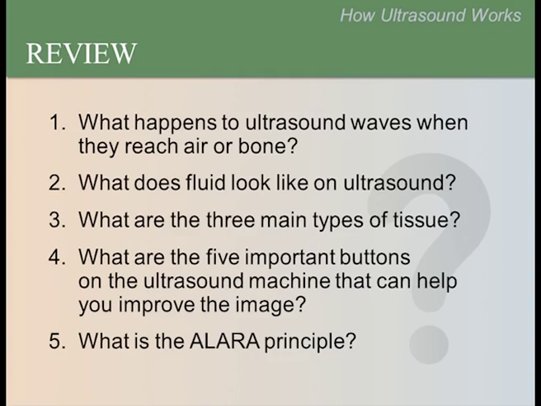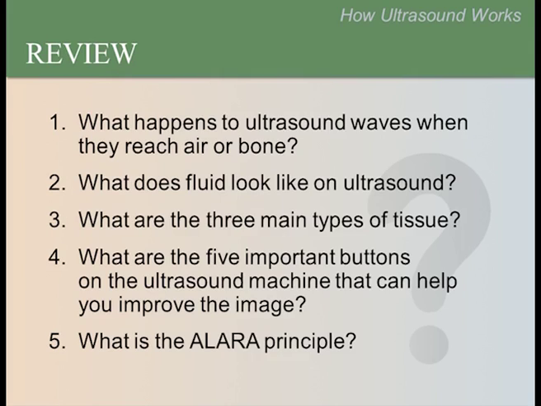Questions for review. Please pause the video now to review these questions and answers. What happens to ultrasound waves when they reach air or bone? The answer is that they are reflected. What does fluid look like on ultrasound? The answer is that it looks black.